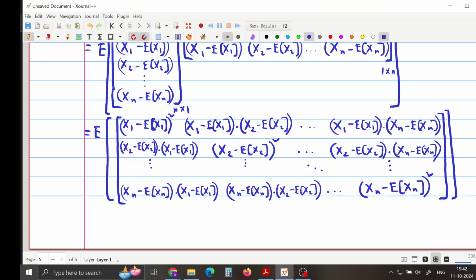So now these square terms which are occurring in the diagonal entries, they are actually the variances.